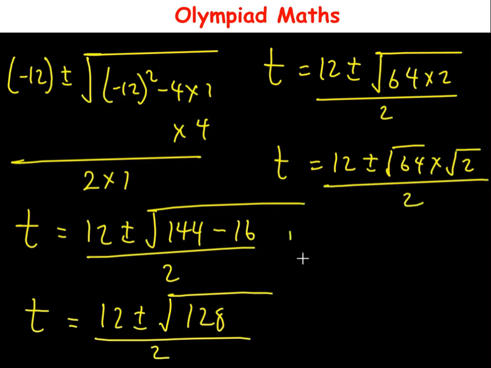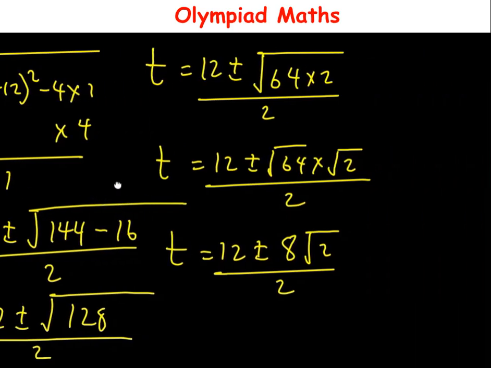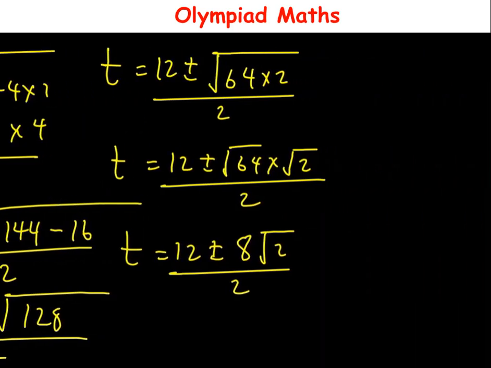Then t is equal to 12 plus or minus root 64, which is 8, times root 2, all over 2. To simplify, we divide 12 by 2 to get 6, plus or minus, we also divide 8 by 2, that is 4, times root 2.